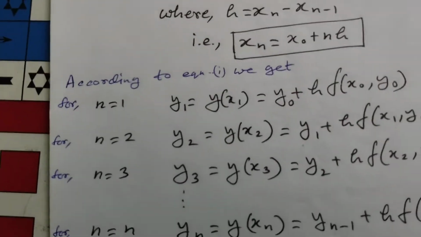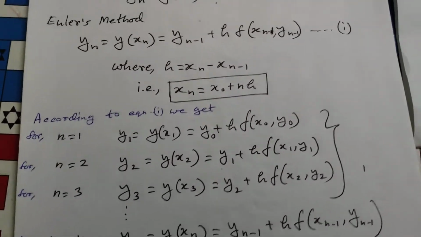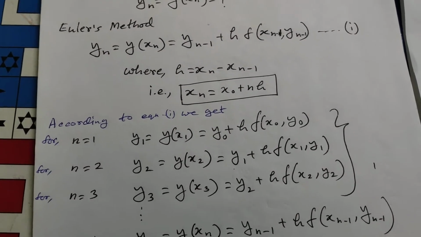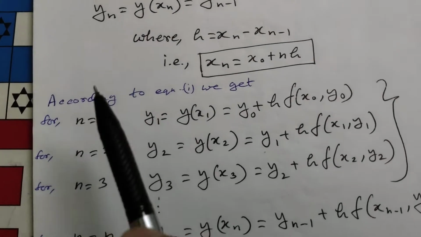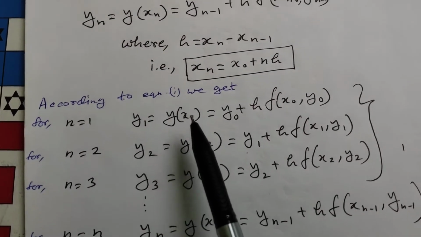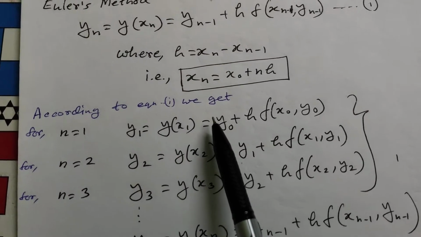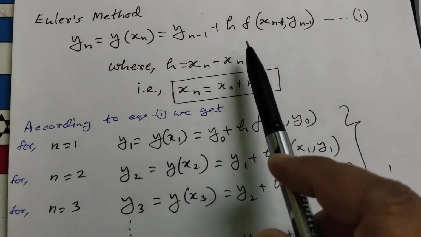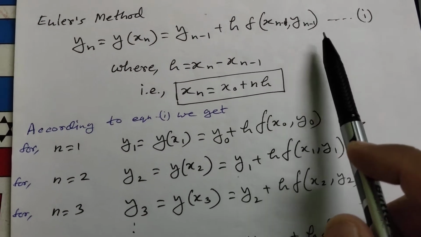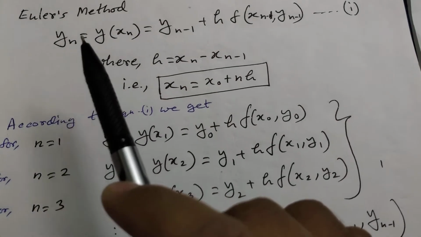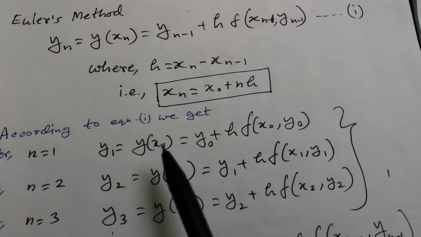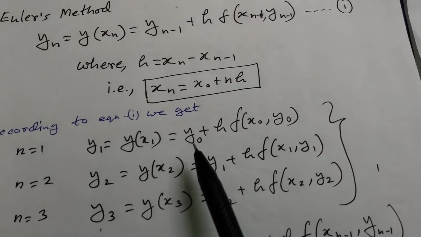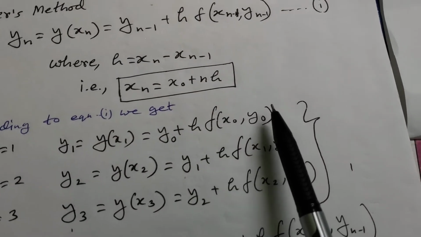Now let us consider this once again. According to Euler's method, yn equals y(xn) equals y(n-1) plus h f(x(n-1), y(n-1)). If we put n equals 1, we get y1 equals y(x1) equals y0 plus h f(x0, y0), right?